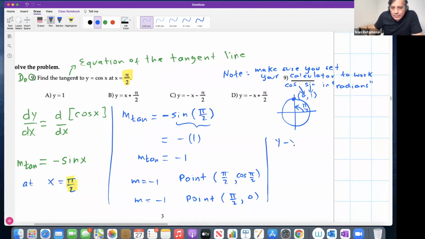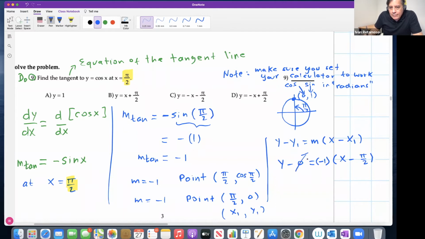Now, simply use any method you know to compute the equation of a line when you have the slope and the coordinates of one point. I'm using this point-slope form. Call this x1, this y1. Substituting, this will be y minus y1, which is 0, equal to the slope, which is -1, multiplying x minus x1, which is pi over 2.